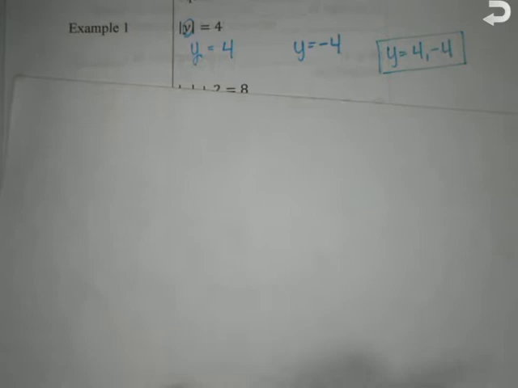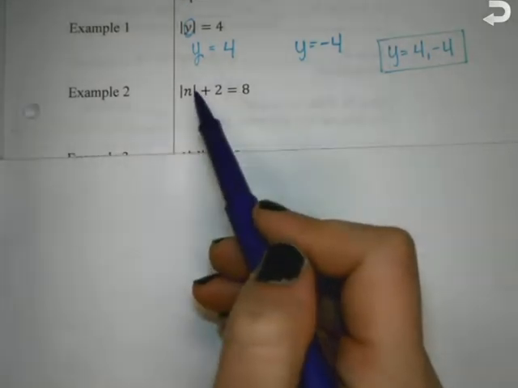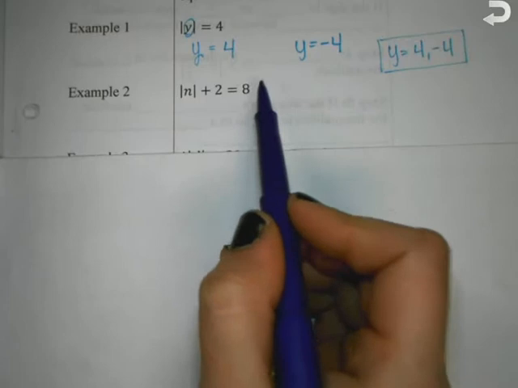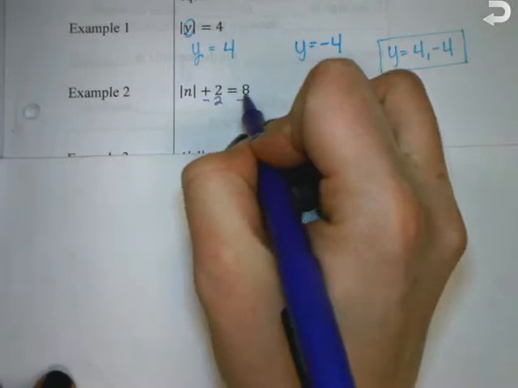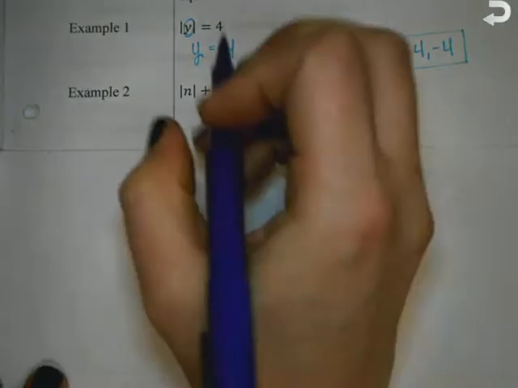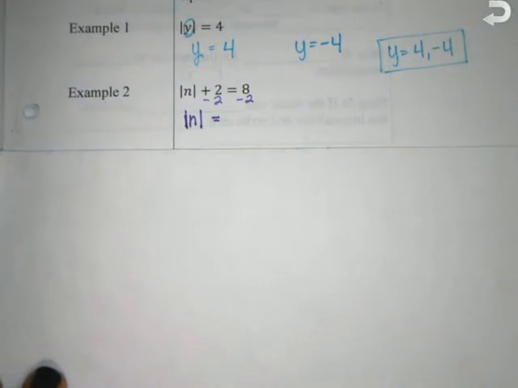Okay? So look at example 2. We have absolute value of n plus 2 equals 8. Is the absolute value by itself yet? No. What do we need to do then? Good. Subtract 2 first. So that gives me absolute value of n is equal to 6. Is the absolute value by itself now? Yeah, so I can set it equal to both positive and negative.